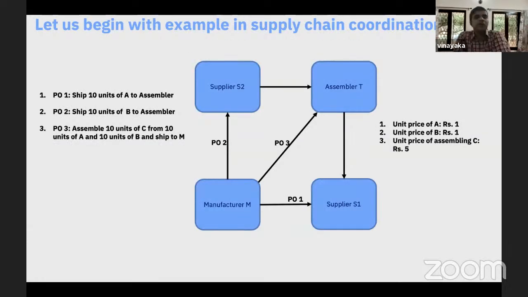So we will begin with a simple example. I don't know how many of you work in supply chain or are familiar with issues that come up in supply chain, but here is a very basic issue that comes up in supply chain coordination.